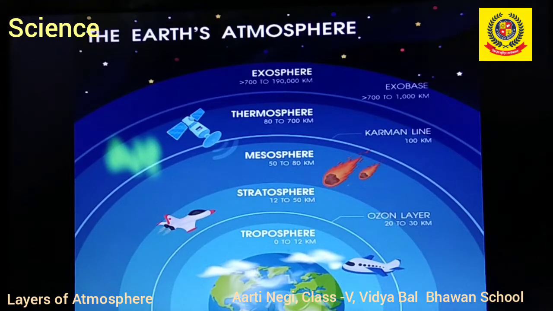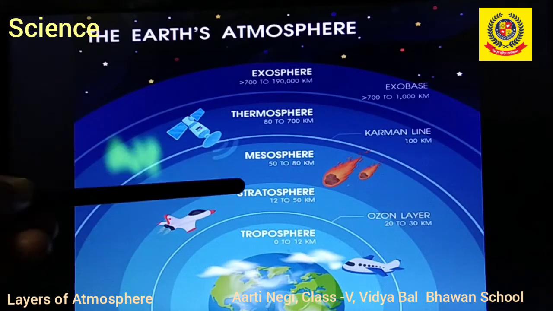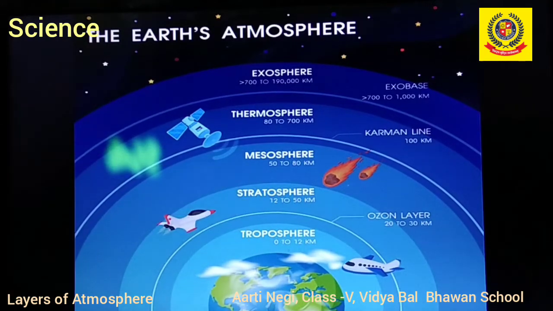The very first layer of atmosphere, just near to Earth, is troposphere. It is the lowermost layer of the atmosphere, and it varies from 0 to 12 to 18 kilometer.